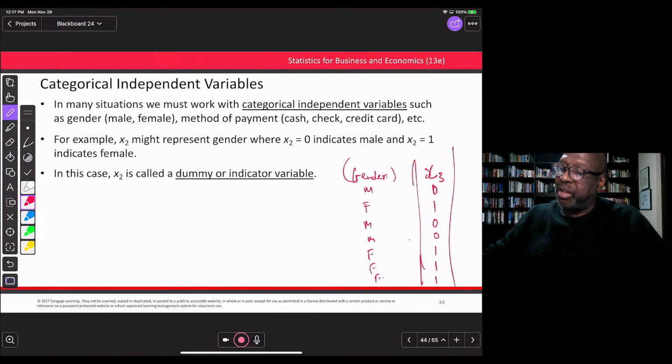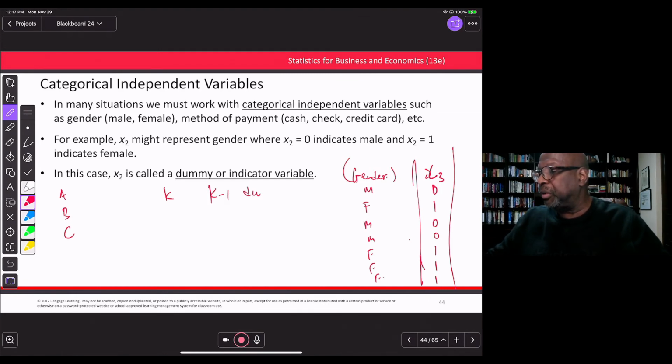But if it's, say, 3 levels, A, B, C, so if the number of levels is K, you'll need K minus 1 dummy variables. So for A, B, C, I will need 2 dummy variables, x3 and x4.